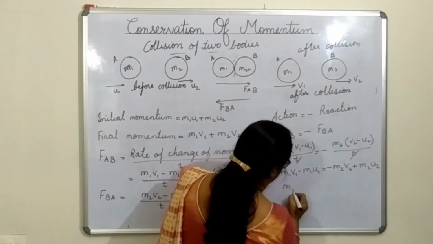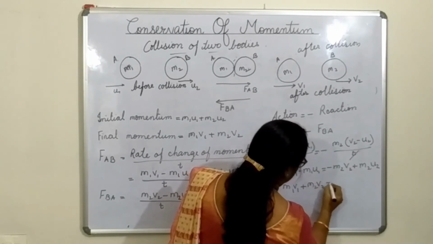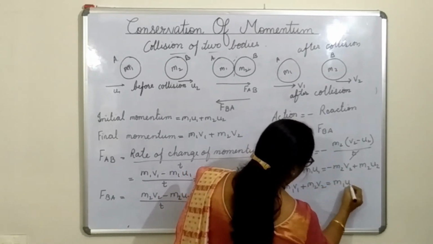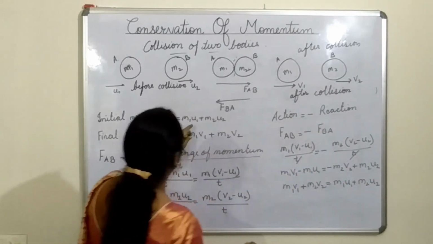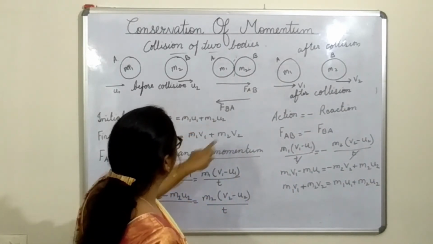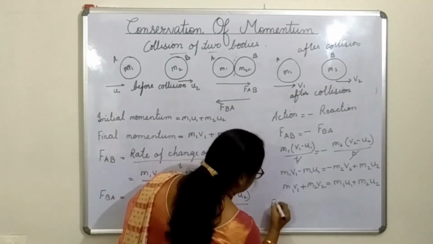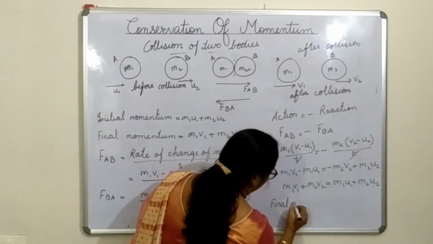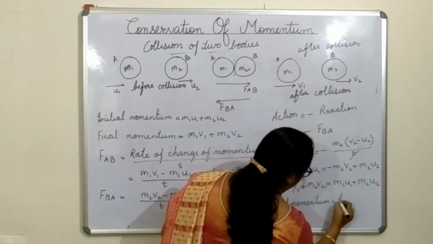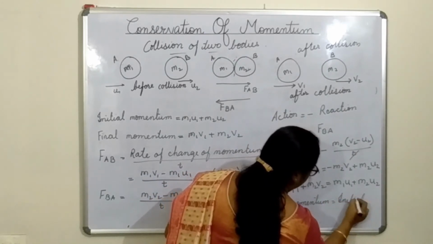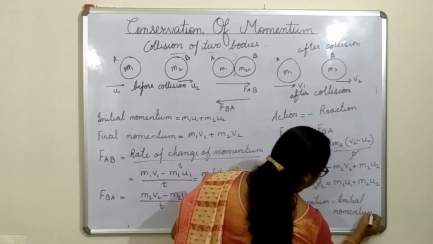Now we can write m1 v1 plus m2 v2 is equal to m1 u1 plus m2 u2. Now what is m1 u1 plus m2 u2 and what is m1 v1 plus m2 v2? This is final momentum is equal to initial momentum.